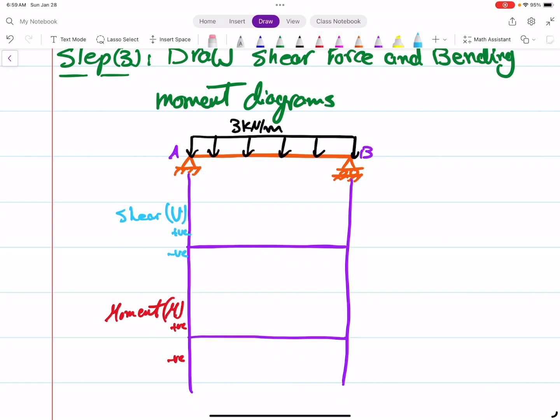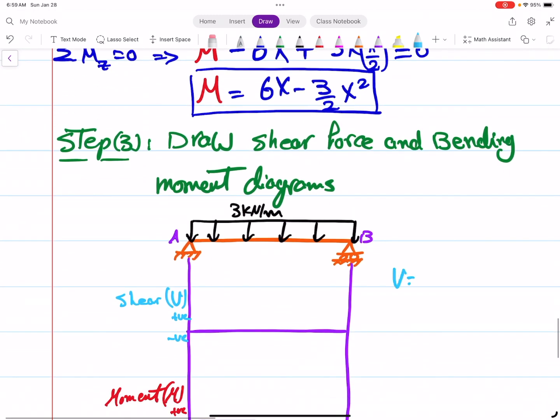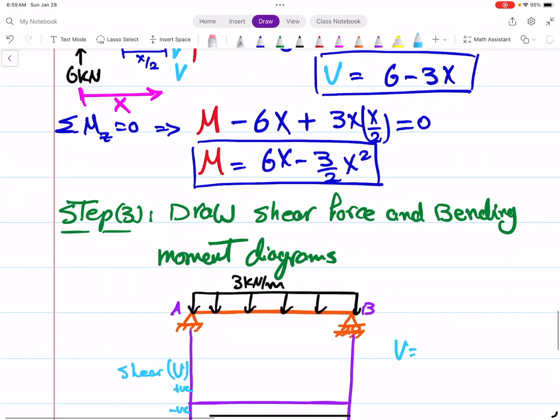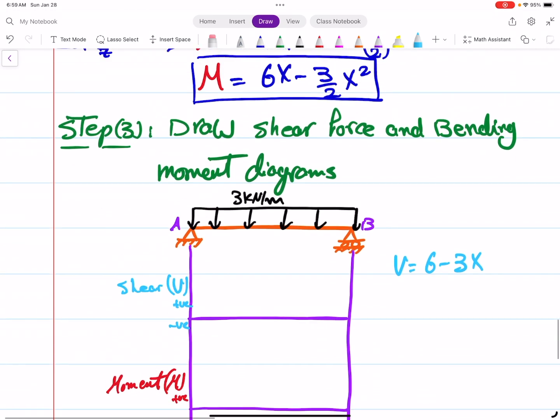Okay, let's go to the equation of the shear. So the shear V is equal to 6 minus 3x, and the moment 6x minus 3 over 2 x squared.